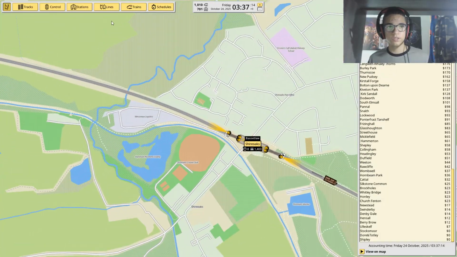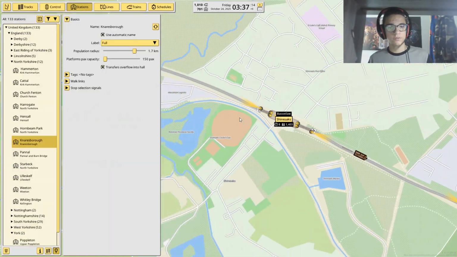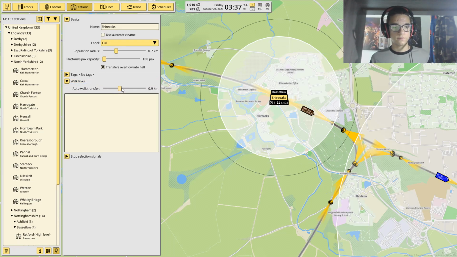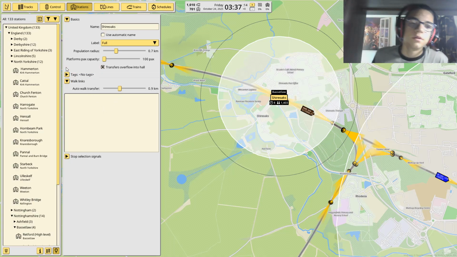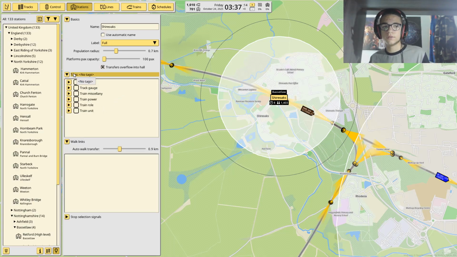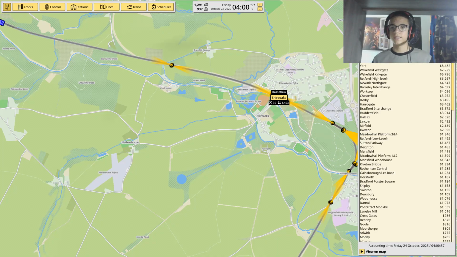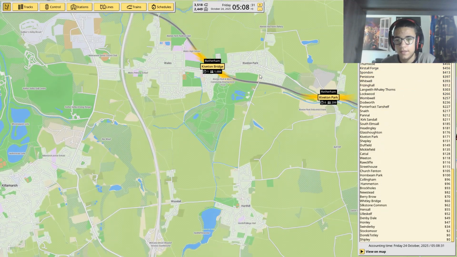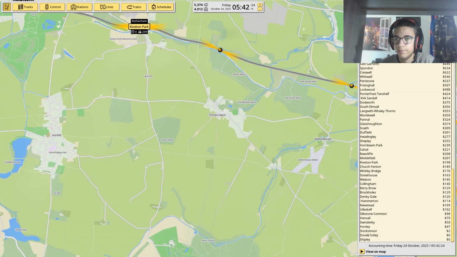I just don't understand the Shire Oaks. Walk links. This is so weird. I don't actually get why that just happens. It started with Kiverton and now Shire Oaks is the main problem.